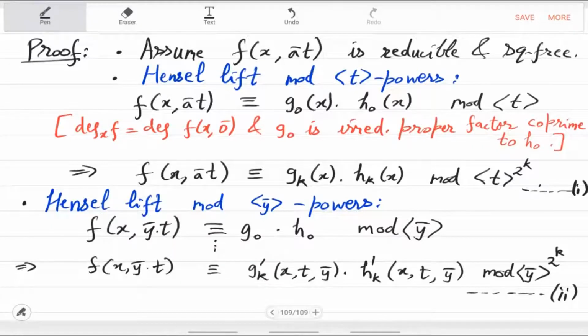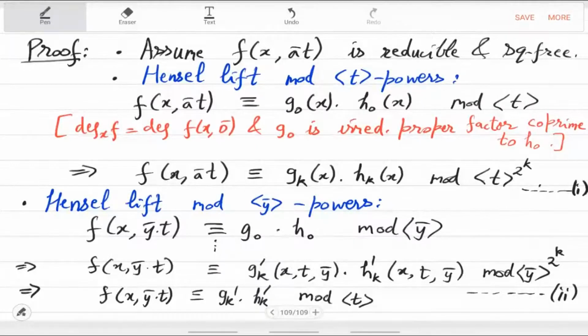Okay, so let us write one more equation, which is f(x, y bar t) factorizes as gk prime hk prime mod also t raised to 2 raised to k.